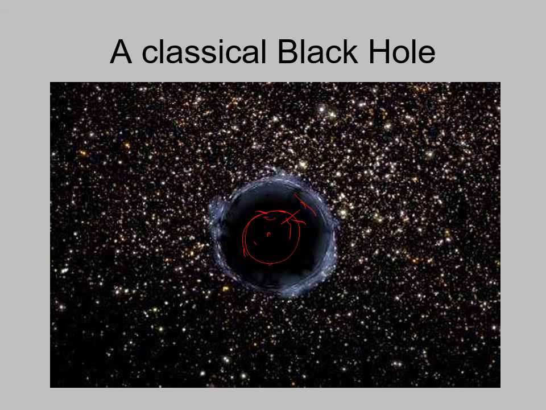Even what I just gave you in terms of the Schwarzschild radius, the mathematics he did was a little more complicated than what I just told you. But the Schwarzschild radius gives an estimate of what we would call the radius of the black hole. If you're closer than the Schwarzschild radius, then nothing, not even light, can get away because the gravity is so great that the escape velocity is greater than the speed of light.